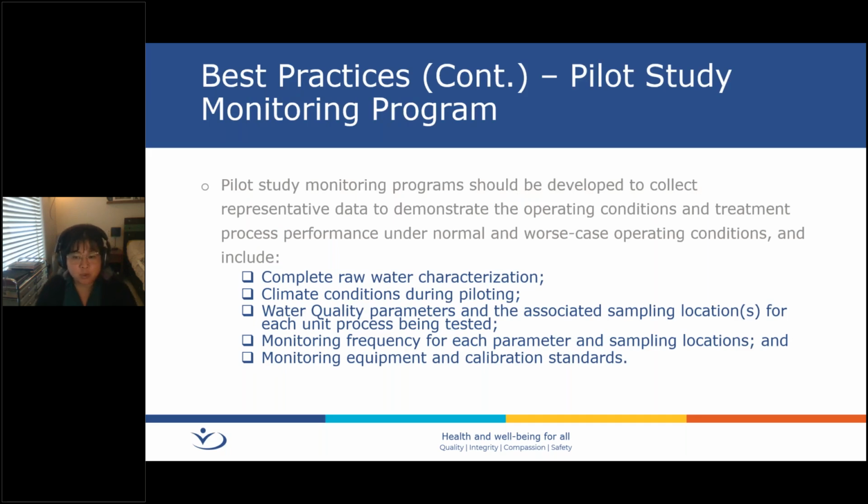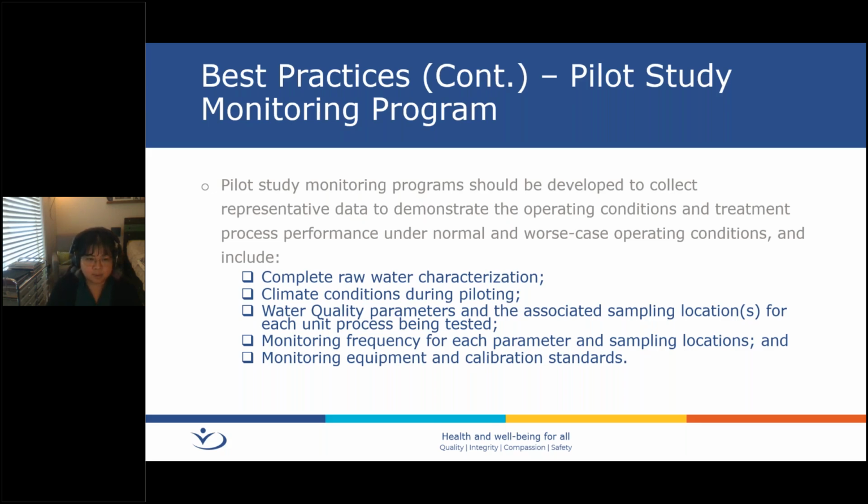And so for new systems, it is always a good idea to have a pilot study monitoring program. This will allow representative data to be collected and to demonstrate the operating conditions and treatment process performance under normal versus worst case operating conditions. This will help facilitate water quality monitoring design. So it helps you better plan what needs to be monitored for the system.